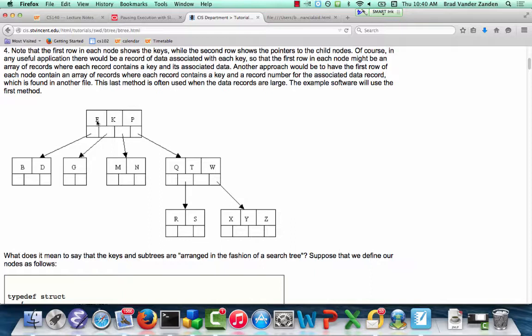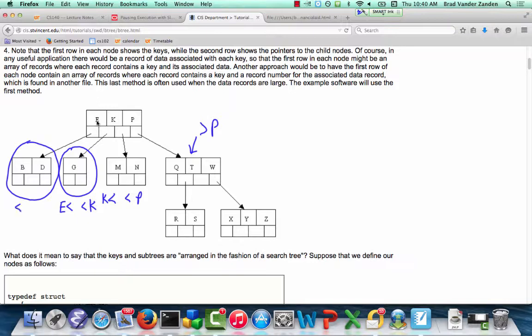Everything in this child has to be less than E. Everything in this child has to be between E and K. So here, everything in this node must be greater than E and less than K. Everything in this node must be greater than K and less than P. Everything in this node must be greater than P.